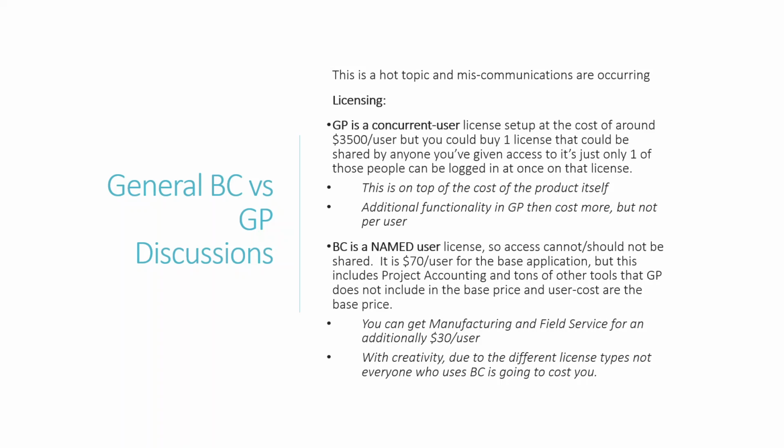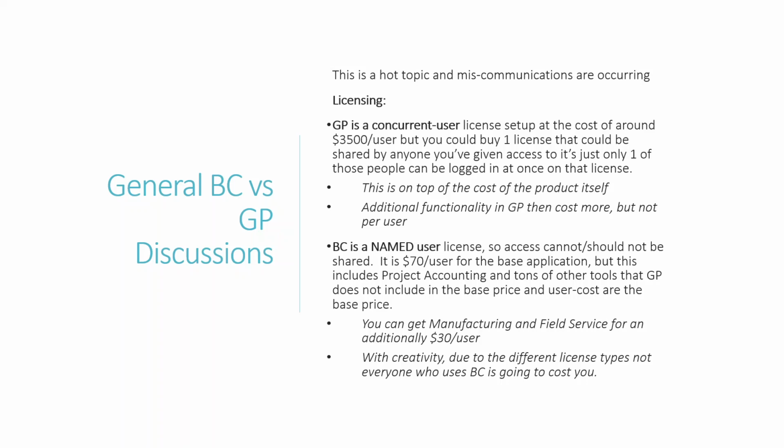But in GP, that licensing cost per user is over and above the cost of the software. In BC, that includes the cost of the software. So the license and the user and the software are wrapped up in the same cost. To top that off, there's just more functionality out of the box with Business Central.